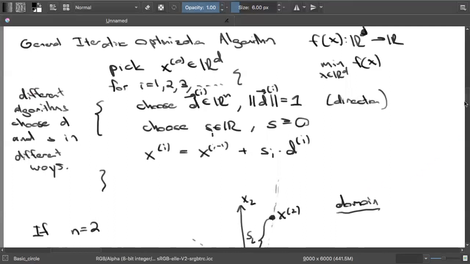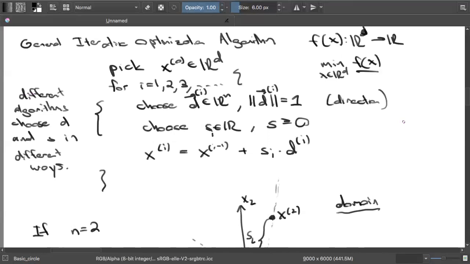So any ideas? What would be a good choice for D? If you have the function f, so I give you f, and you can take any derivatives you want, how would you choose the direction? Which derivative?